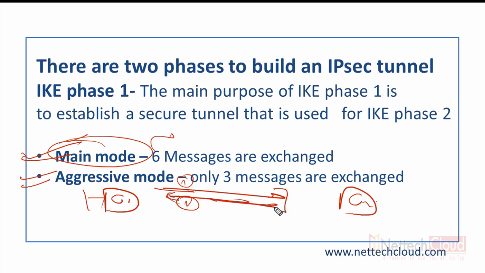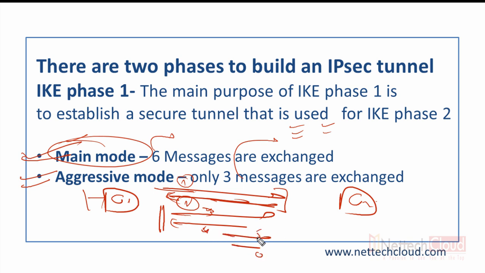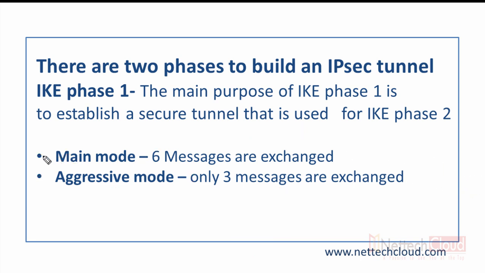So proposal and agreement means again the same, as I said before, encryption method, hashing method, DH group, lifetime, authentication method. And then DH key computation is done and DH keys are exchanged in packets number 3 and 4, and then 5 and 6 is about VPN peers authentication. So in main mode total 6 messages are exchanged between both VPN peers, whereas in aggressive mode only 3 messages are exchanged, right? Main and aggressive mode.